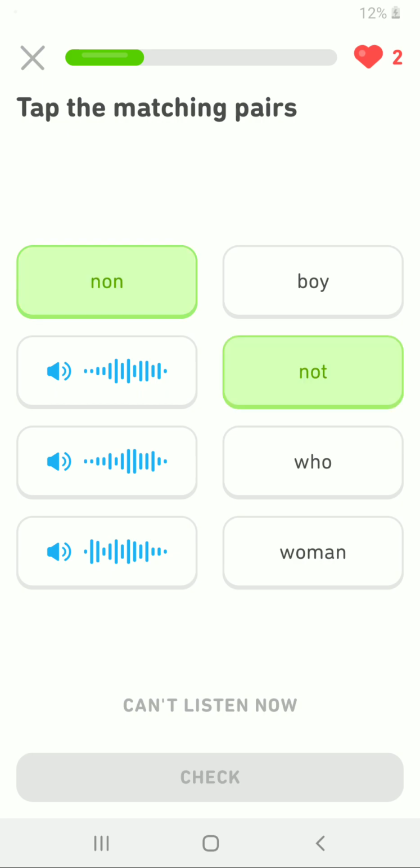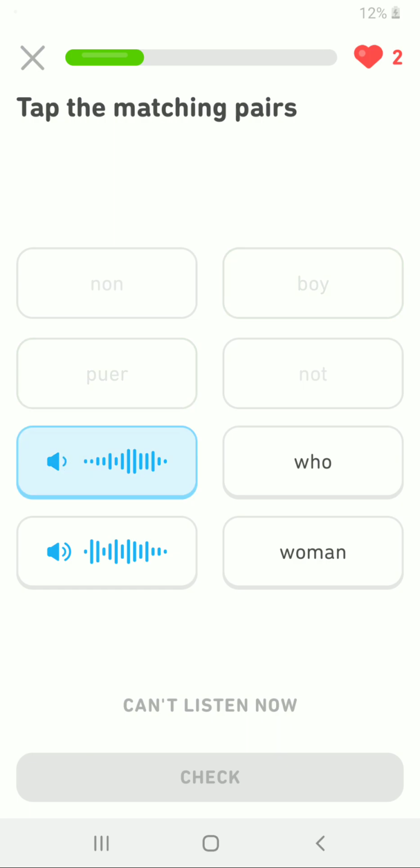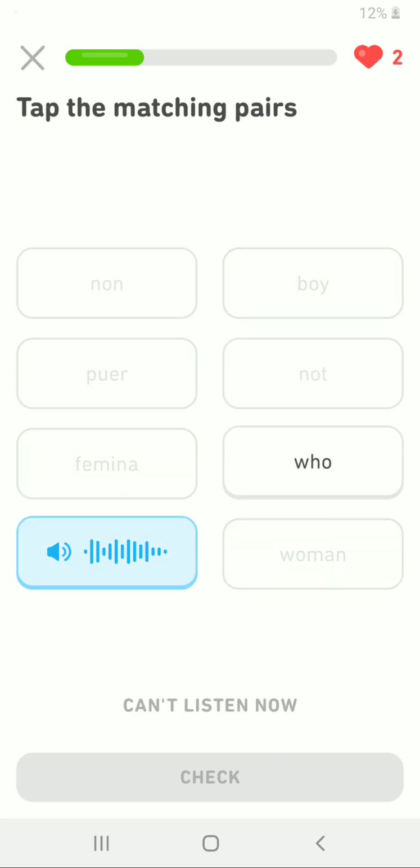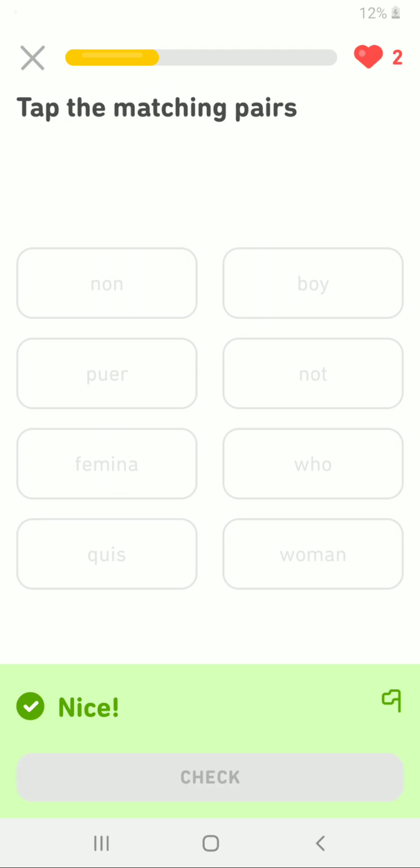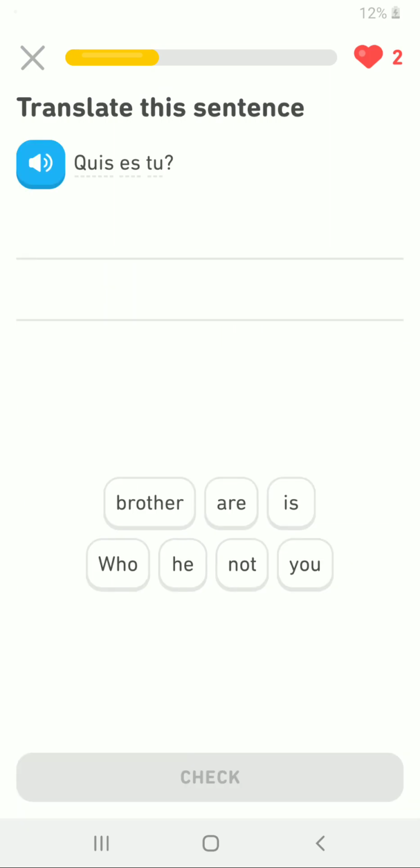Non. Puer. Femina. Quis. Oh, this is new. So we had quid, which means what, but now it's quis. Quis means who. This is a new word. Quis es tu?